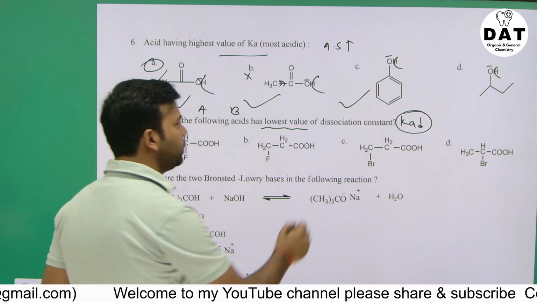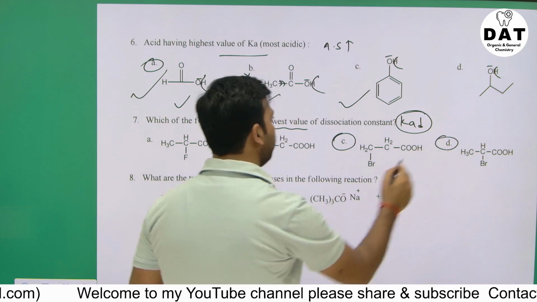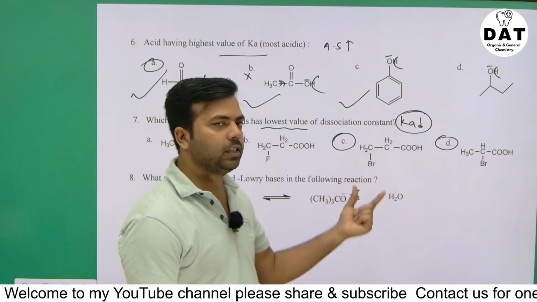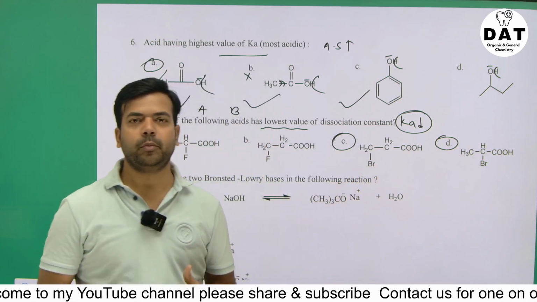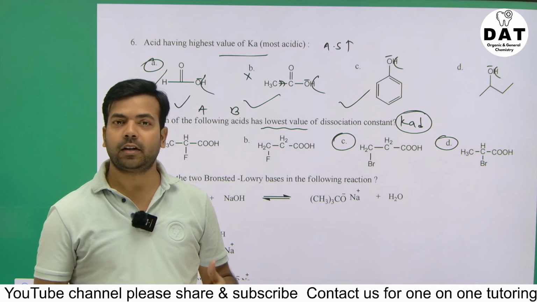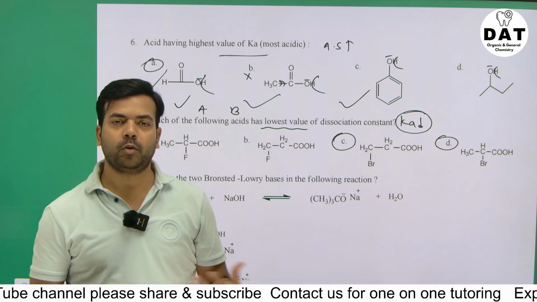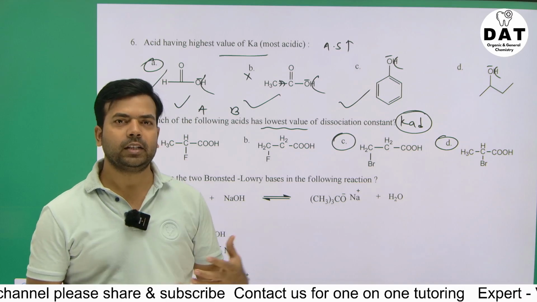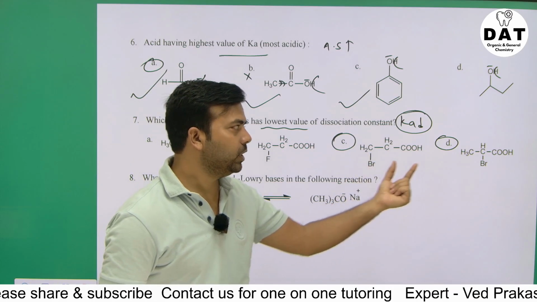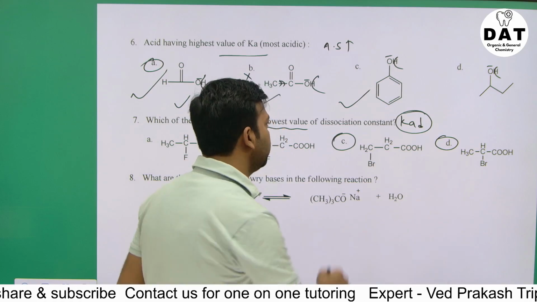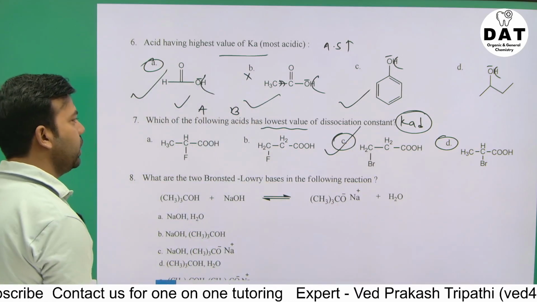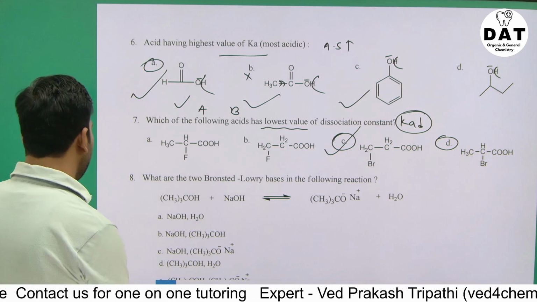So of course C and D can be the right choice rather than A and B. But if you look at the distance, dipole induction also depends on the distance. If it is close, that has the maximum impact. If it is very far from the carboxylic group or any other group, that has the least. So bromine is quite far in option C than D. So I think C can be the right choice because that has the lowest Ka value. Clear?